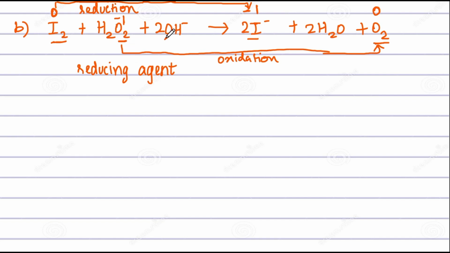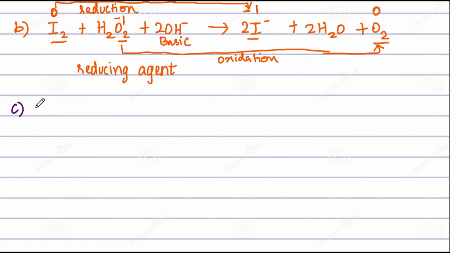You may see OH minus is given, so the reaction happens in a basic medium. In basic medium, when H plus is produced by the hydrogen peroxide, it reacts with the OH minus and leads to the formation of the water molecule. So here you should not see the water molecule. Whenever dioxygen is present, obviously it is oxidation. Hydrogen peroxide is oxidized to O2.